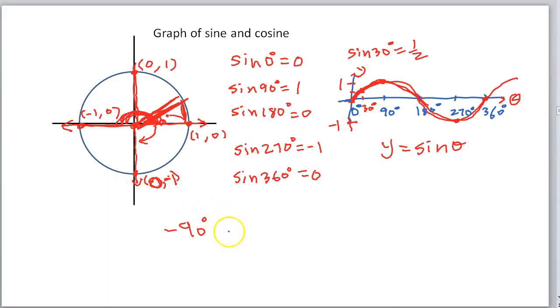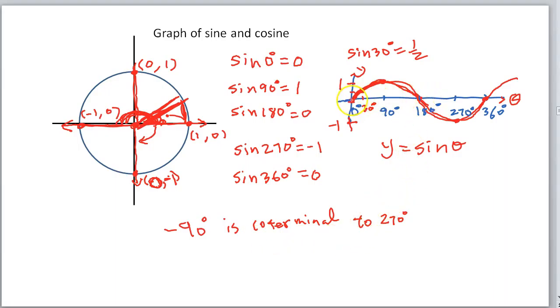So the terminology that you use is the following. Negative 90 degrees is coterminal to 270 degrees because they stop at the same point. So coterminal, their terminal point is the same thing.